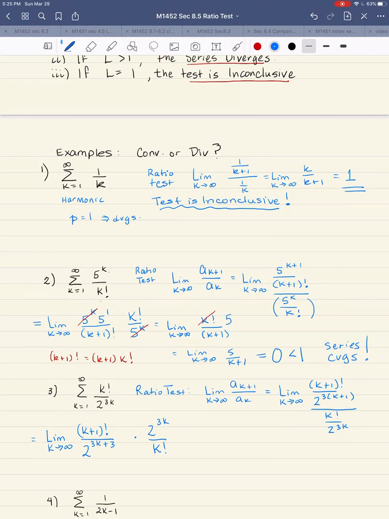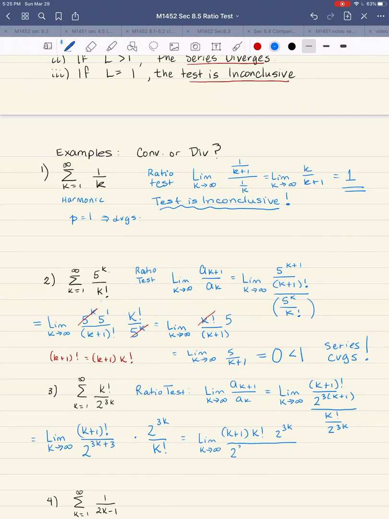So I'm going to put that extra step in here where I rewrite k plus 1 factorial as k plus 1 times k factorial. And I rewrite 2 to the 3k plus 3 as 2 to the 3k times 2 to the 3. So here's the k plus 1 times k factorial.